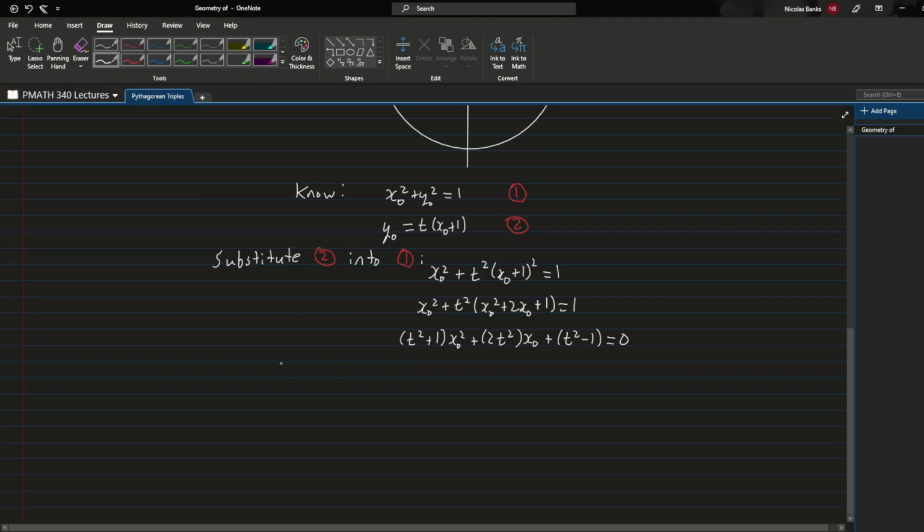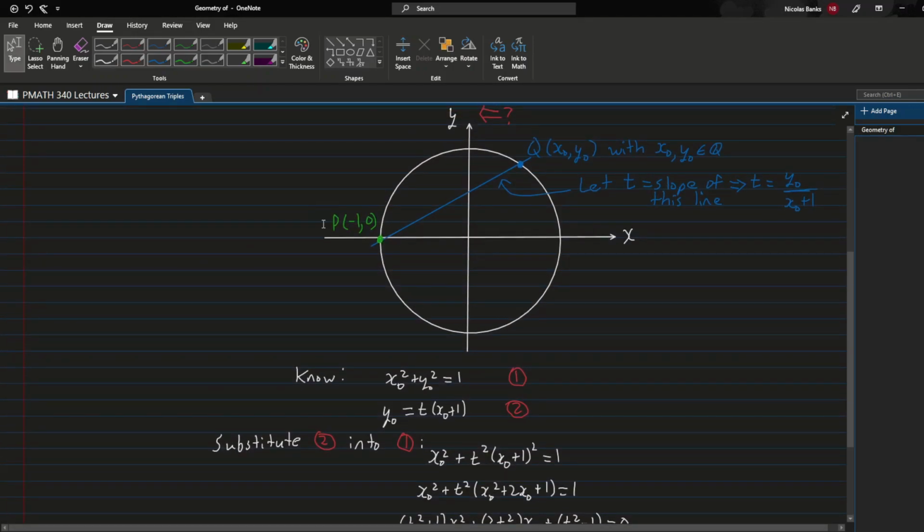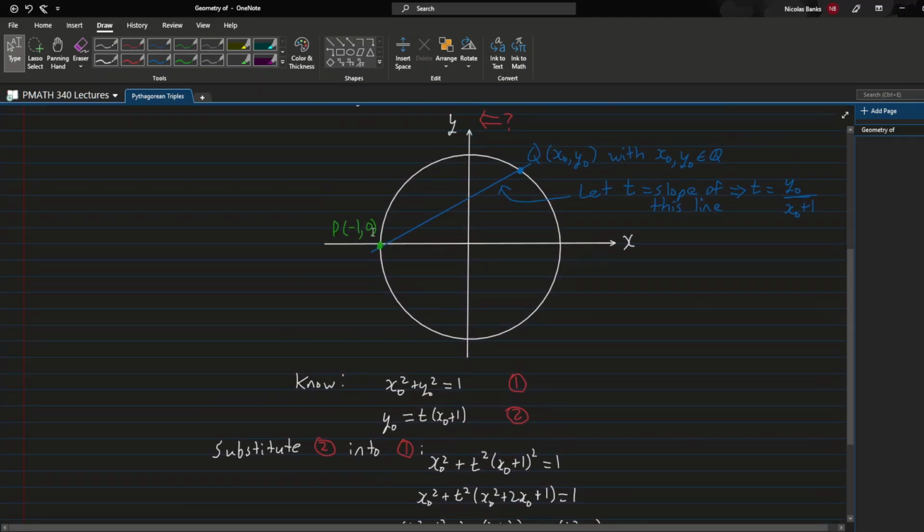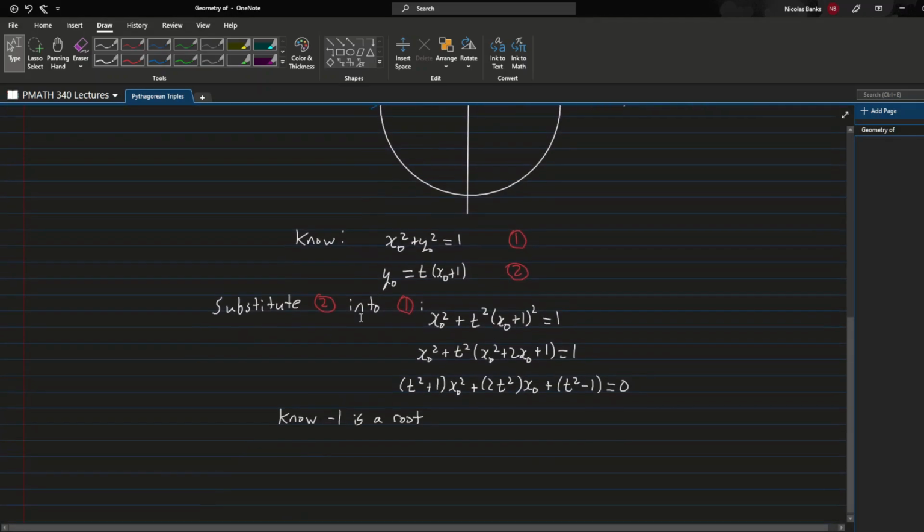And we know -1 is a root. Why do we know -1 is a root? Well, we know by construction that the green point up there, (-1, 0), lies on both the circle and the line that we drew.